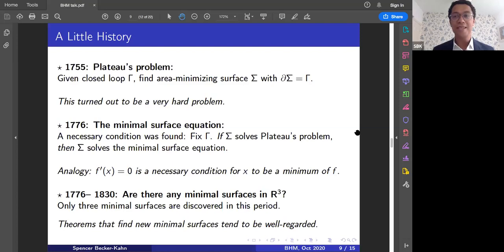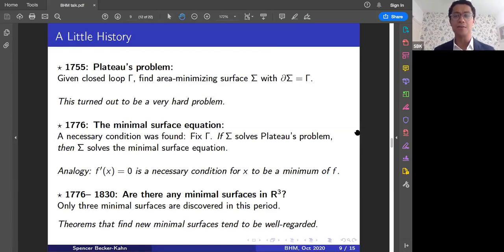And then in the 50, nearly 60 years that followed, 2 more minimal surfaces were discovered. It's almost surprising the subject survived given such a slow rate of progress, but what it meant was that subsequent theorems that constructed new minimal surfaces, existence theorems for minimal surfaces, were always quite well regarded.